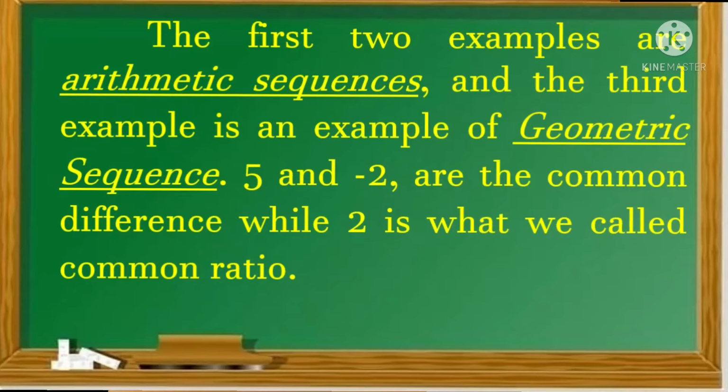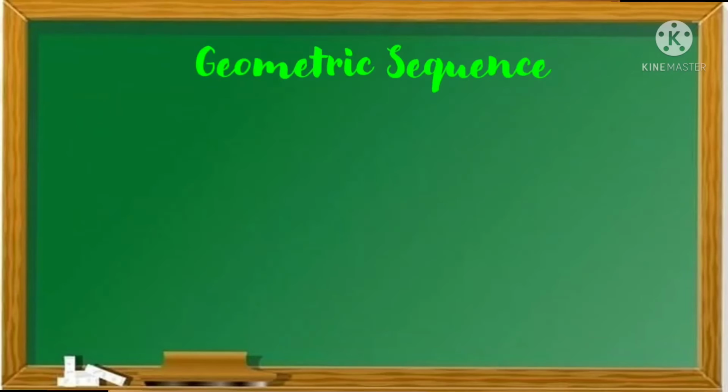The first two examples are arithmetic sequences, and the third example is a geometric sequence. And 5 and -2 are the common differences of the arithmetic sequences, while 2 is called the common ratio for the geometric sequence. So what is a geometric sequence?